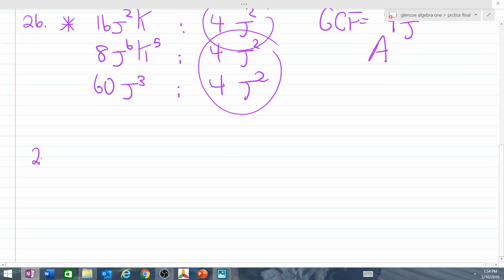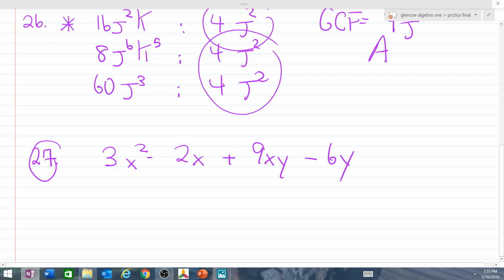Okay, on number 27, I'm just going to give a major hint. I'm going to let you guys do it. This is factoring by grouping, which probably at this point in the year most people have forgotten. So I would suggest that you FOIL your choices.